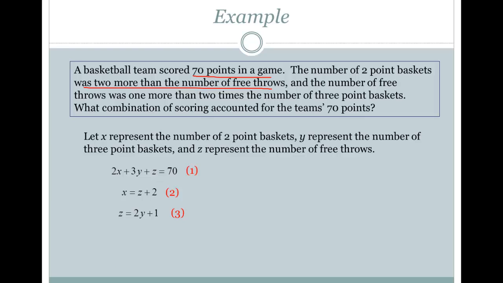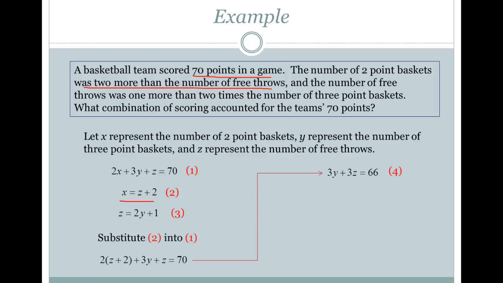All right? The way I would do this is substitute equation 2 into equation 1. Substitute this value into equation 1. So wherever I see an x, I'm going to plug in z plus 2. Okay? I can simplify that down, and I'll get 3y plus 3z is equal to 66. Okay?